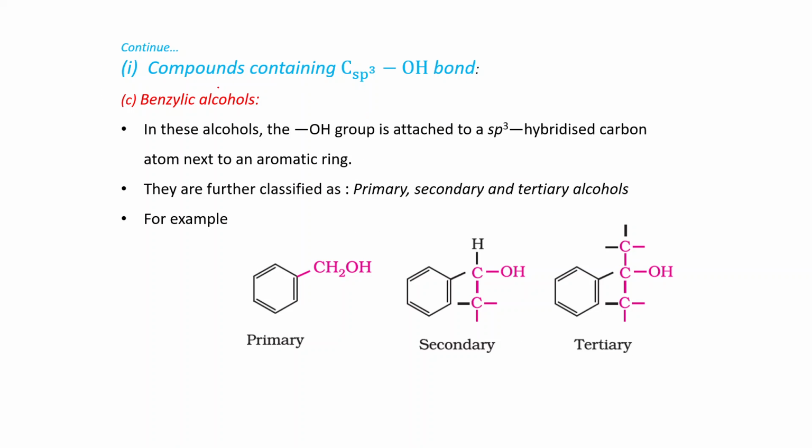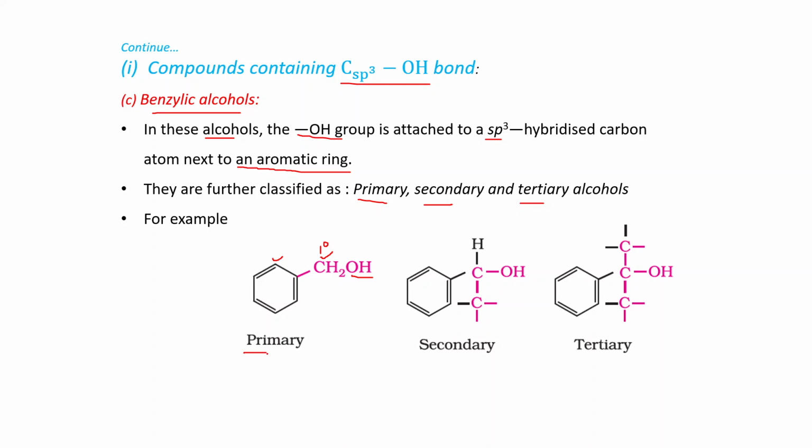Now the third subcategory in this class, benzylic alcohols. In these alcohols, the OH group is attached to an sp3 hybridized carbon atom next to an aromatic ring, and again further classified as primary, secondary and tertiary. For example, this is aromatic ring, next to it this is sp3 carbon and this OH is attached to this one, and this carbon is again primary.